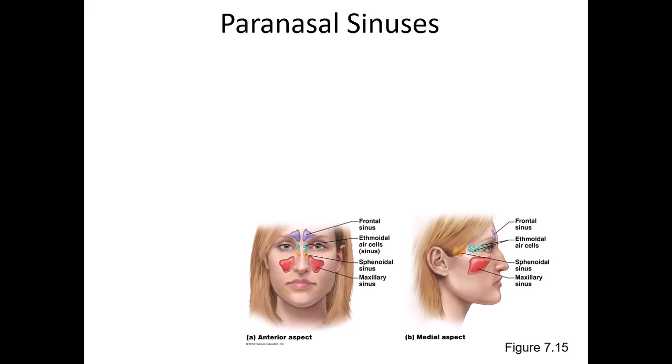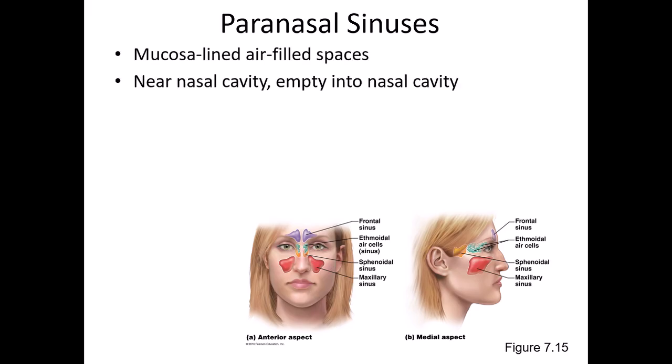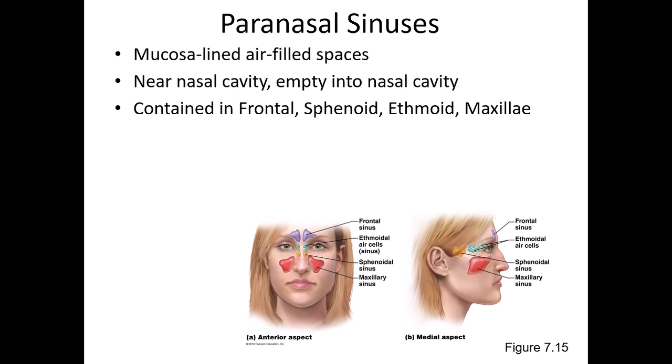And so bone is much more dense than air, therefore these air-filled spaces appear black on the x-ray. So the bones that contain our paranasal sinuses are the frontal bone, the sphenoid bone, ethmoid bone, and your two maxillae. And so all of these spaces empty into the nasal cavity.